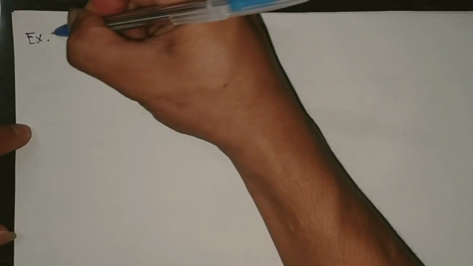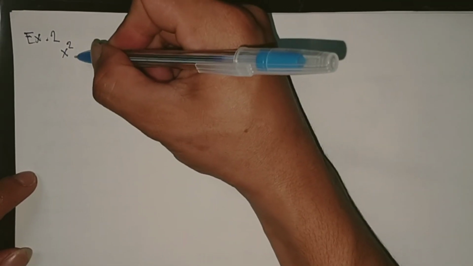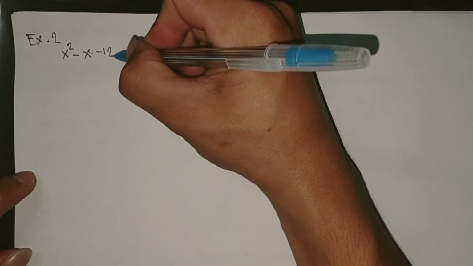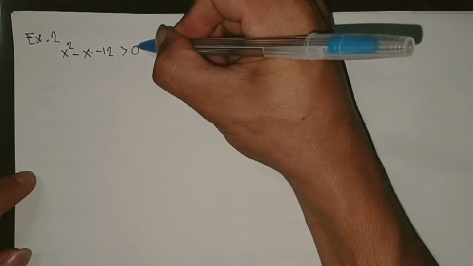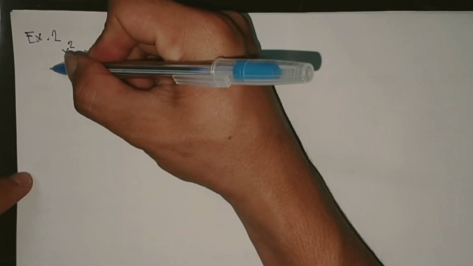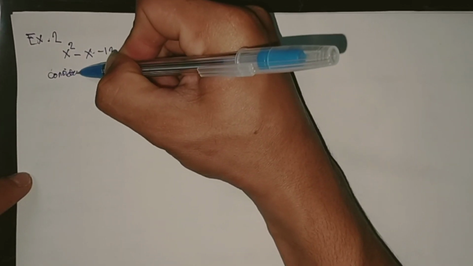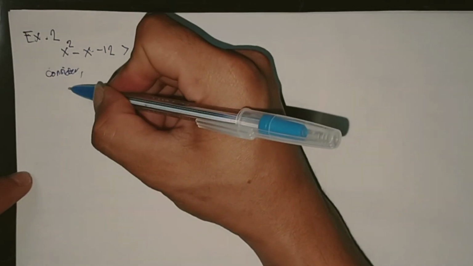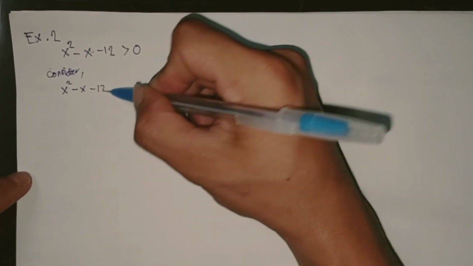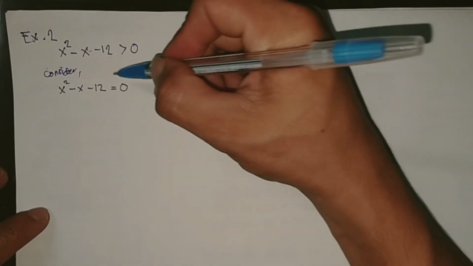Let's have another example. Feel free to pause the video to answer the given problem. We have x squared minus x minus 12 greater than 0. Let's consider x squared minus x minus 12 equal to 0. Let's factor the equation.